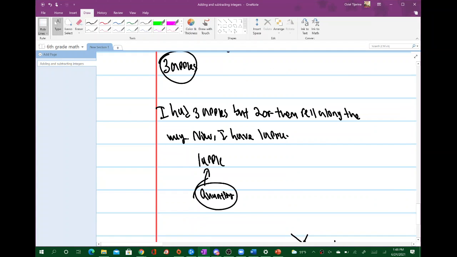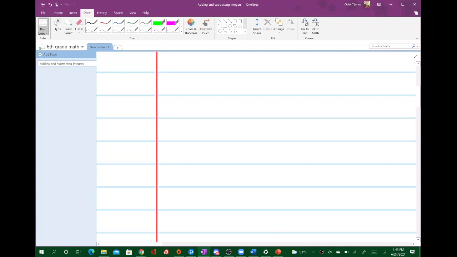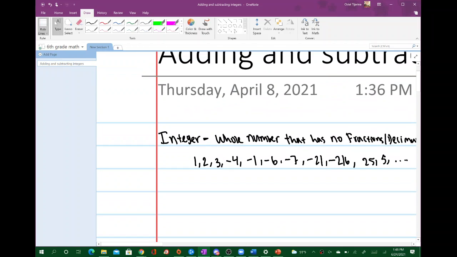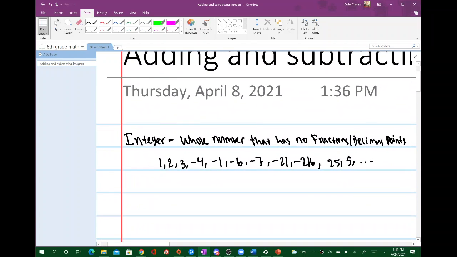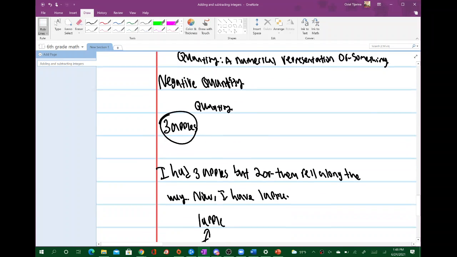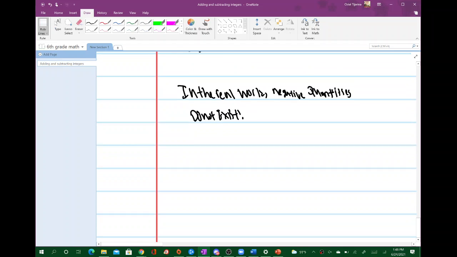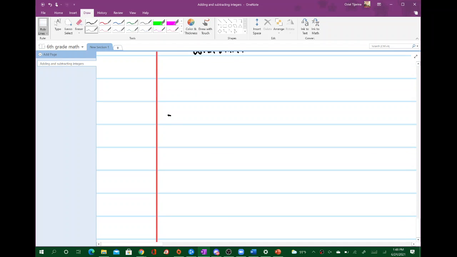And so basically, that is the meaning of a negative number, and a negative number just means that it has a minus sign.